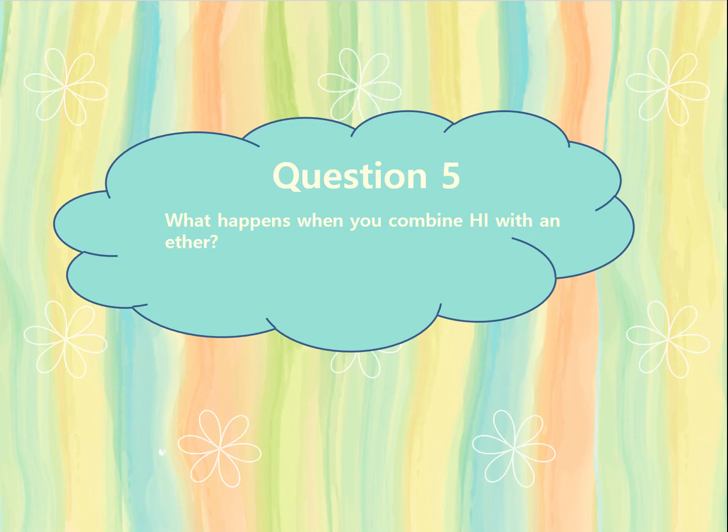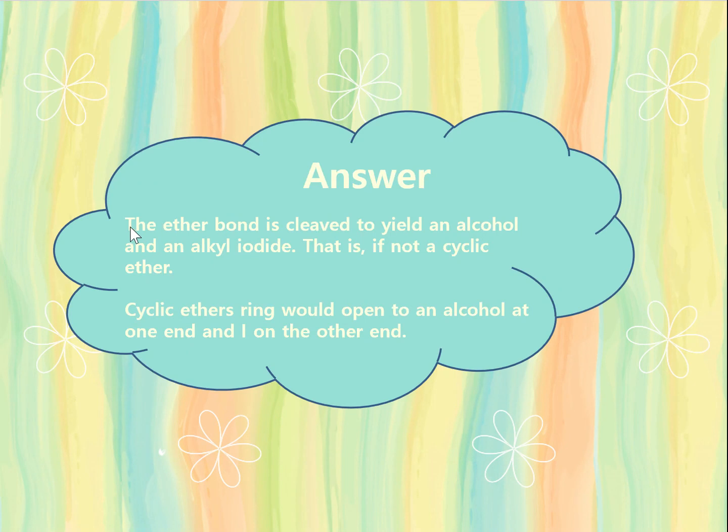That leads us to our final question, question 5, which says, what happens when you combine hydrogen iodide with an ether? Simple question, right? The ether bond is cleaved to yield an alcohol and an alkyl iodide, if it is not a cyclic ether.